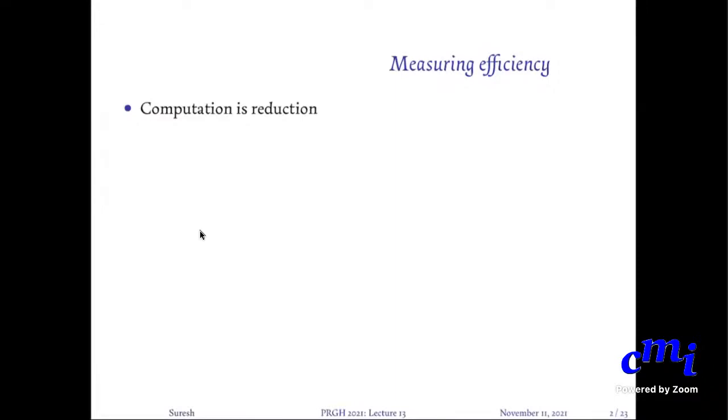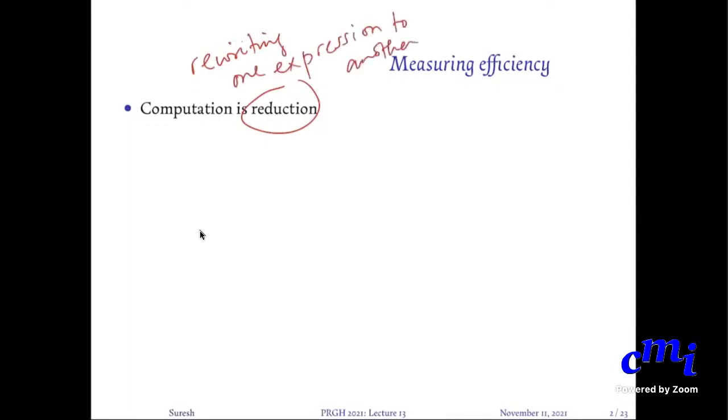Okay, so in Haskell, computation is just reduction. Reduction just means rewriting one expression to another, based on some built-in rules or by rules provided by the programmer themselves.